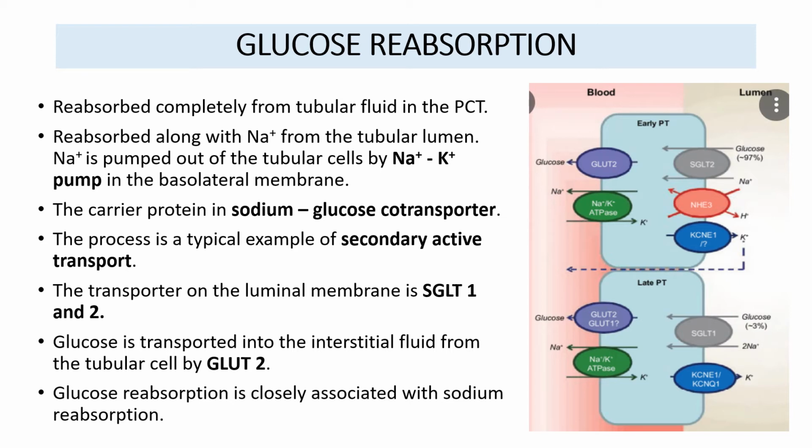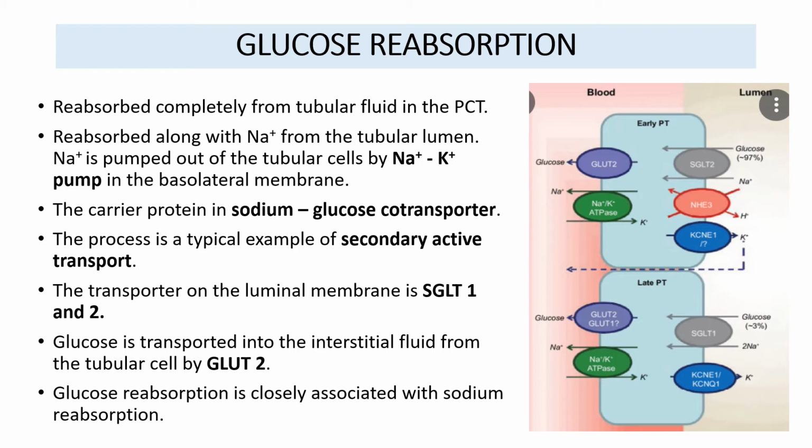the absorption is coupled with the sodium-potassium ATPase pump present in the basolateral membrane. The sodium which is absorbed from the luminal membrane, coming to the tubular cell, is excreted to the interstitial fluid with the help of the sodium-potassium ATPase pump.